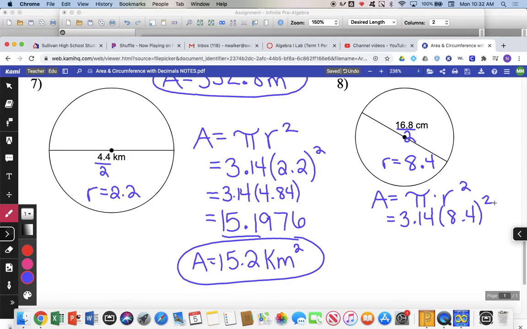So 8.4 squared should be your first thing. 8.4 times 8.4. Emma, what'd you get for that? Hang on a second. You're gonna do 8.4 squared first. Remember, we gotta do exponents first. So 8.4 times 8.4.